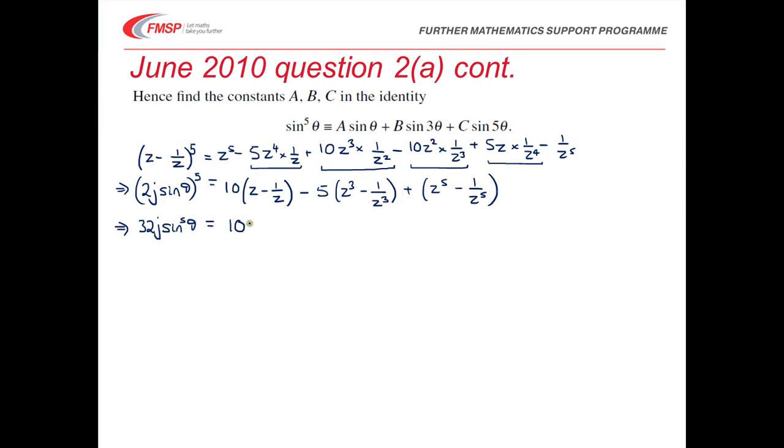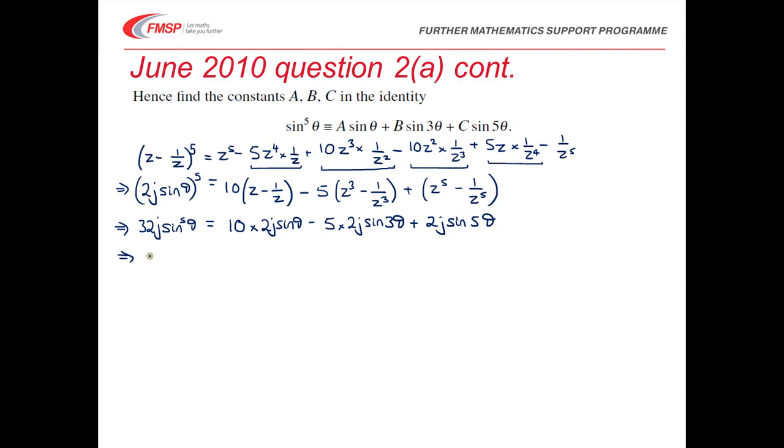z minus 1 over z is 2j sine theta. z cubed minus 1 over z cubed is 2j sine 3 theta, and z to the 5 minus 1 over z to the 5 is 2j sine 5 theta.